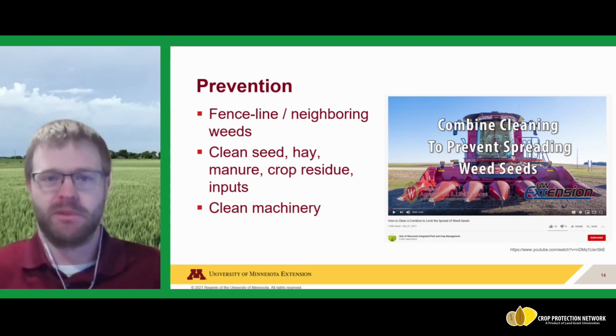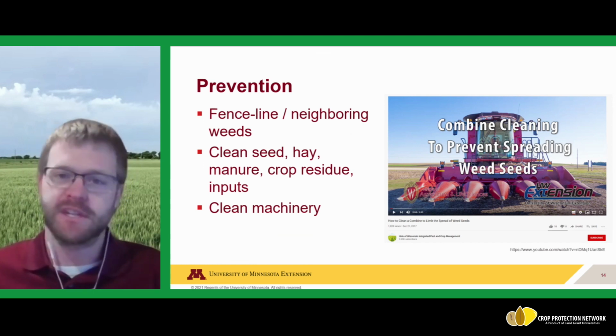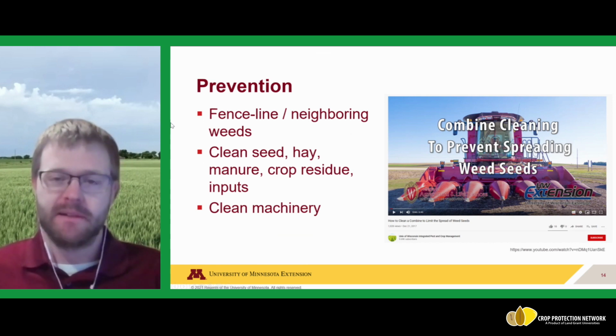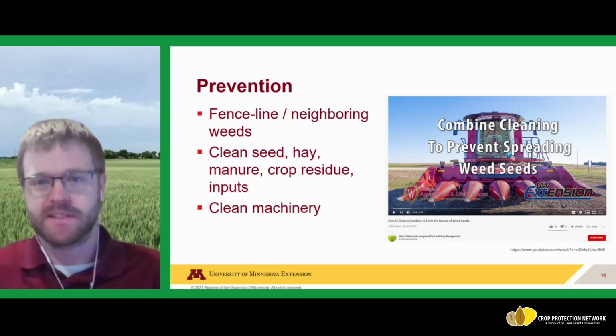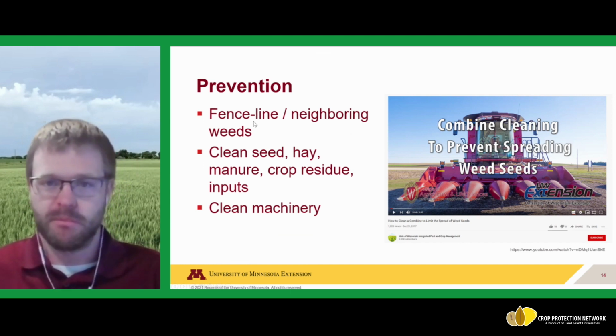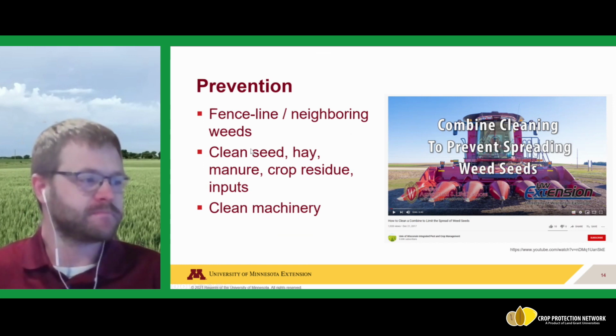You might pull a couple of plants from that fence line into the soybean head, it gets into that combine, and eventually spreads out into that field. So to prevent any of those weeds from developing seeds or progressing into that field, it might be important to implement some management in those fence line areas.